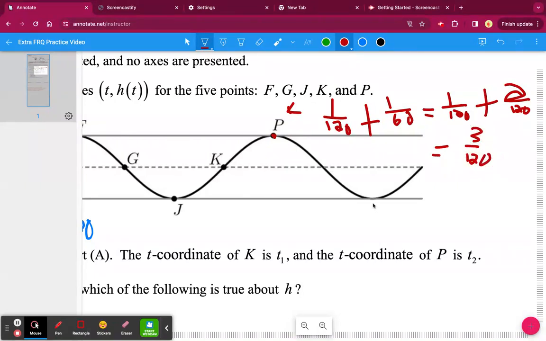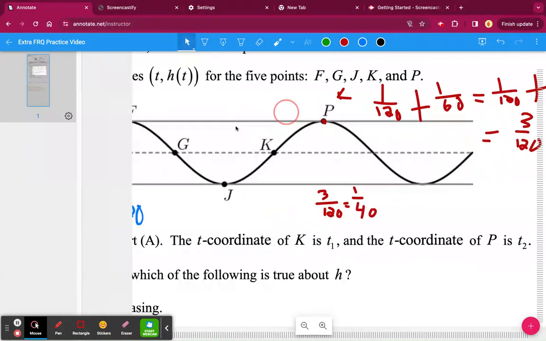And I think it's helpful to go ahead and write both this form, 3 over 120, and the simplified form. So this is also the same thing as 1 over 40. Okay, 1 over 40.